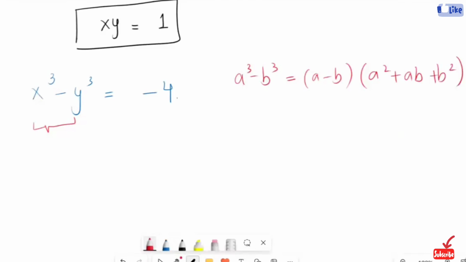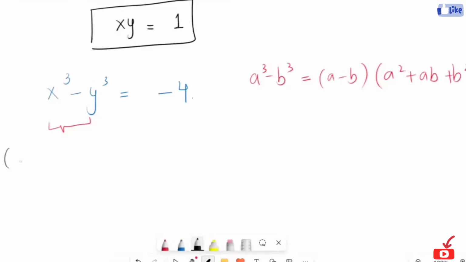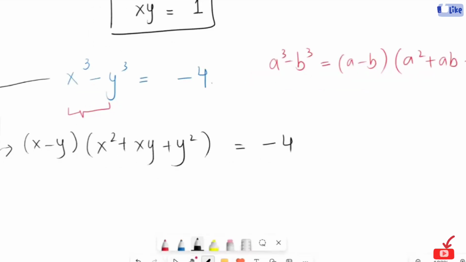So now I am going to apply this here: (x minus y)(x squared plus xy plus y squared) is equal to minus 4. So now I will solve this further. (x minus y), and now I'm going to rearrange it here: (x squared plus y squared plus xy) is equal to minus 4.